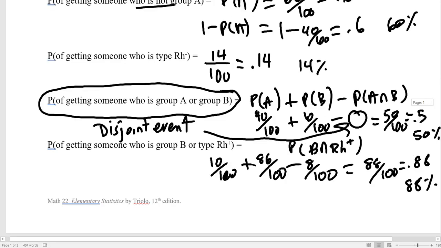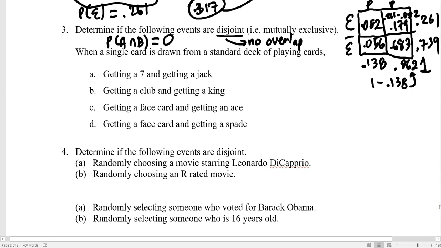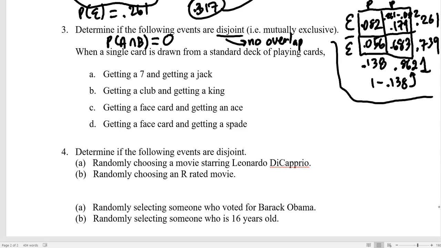So, can I get a card that is a 7 and a jack? You need to know some basics about cards, okay? So what do we have here? We have ace, 2, 3, 4, 5, 6, 7, 8, 9, 10, jack, queen, king.